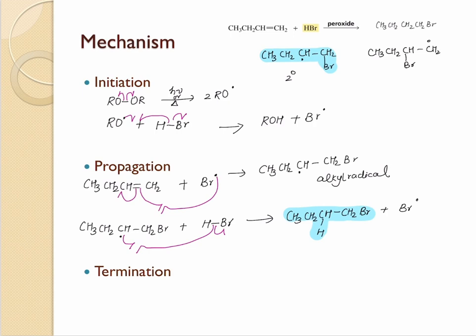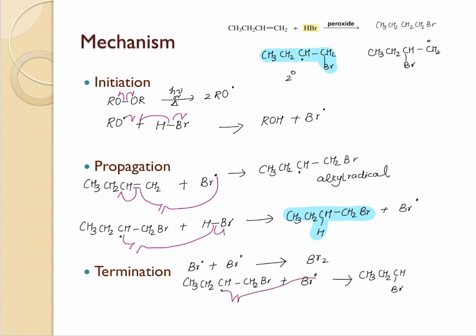This is the actual product that we need for this reaction. And for the termination, we can have two bromine radicals coming together to form the bromine molecule, right? Or we can have one alkyl radical and one bromine radical to form the bromo compound. So remember, these electrons are going to come in here to form the bond between carbon and bromine.